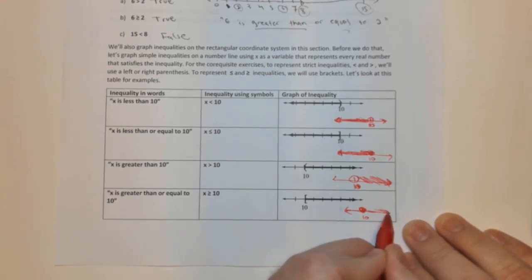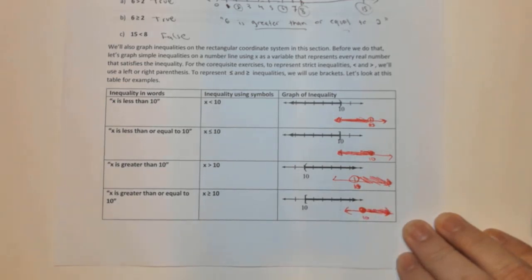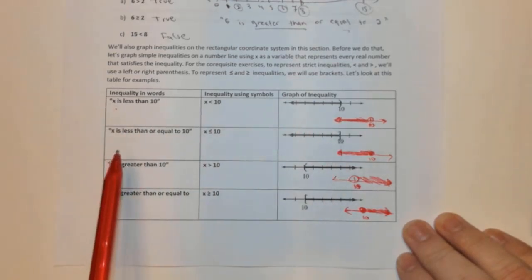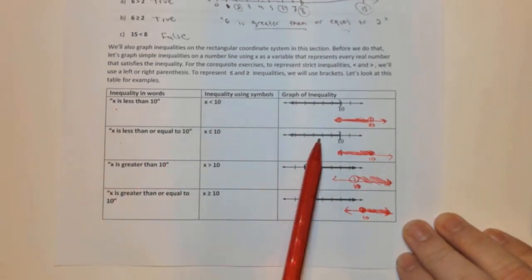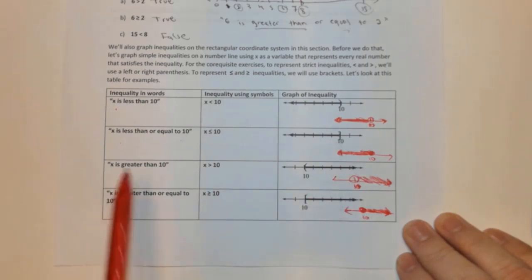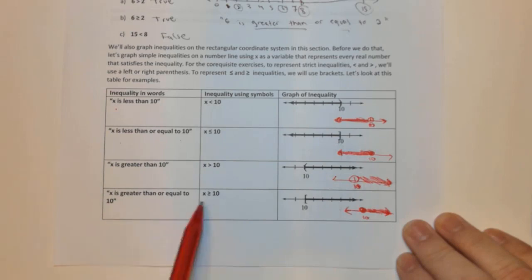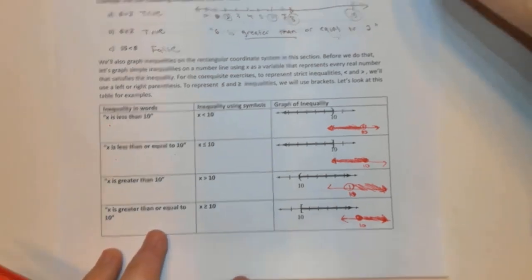Okay, so that's also acceptable. So less than 10, you have parentheses or open circle. Less than or equal to 10, you have a bracket or a closed circle. Greater than 10, you have an open circle to the right, and x is greater than or equal to 10, you have a closed circle and shade to the right. Okay. All right.